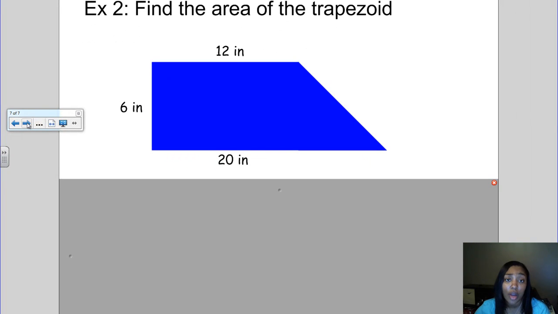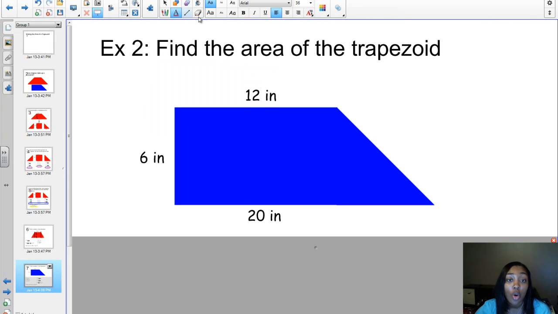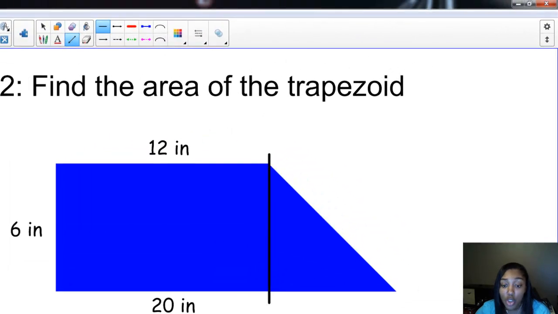Now with this trapezoid, it's a little bit different because this trapezoid can only be broken into 2 different shapes. And if we notice, it's going to be broken into 1 rectangle and 1 triangle. So again, I've got to figure out those dimensions. Well, I know with this rectangle, the top of it is 12. That means the bottom has to also be 12 inches. Well, right now we're showing that the whole thing is 20 inches.